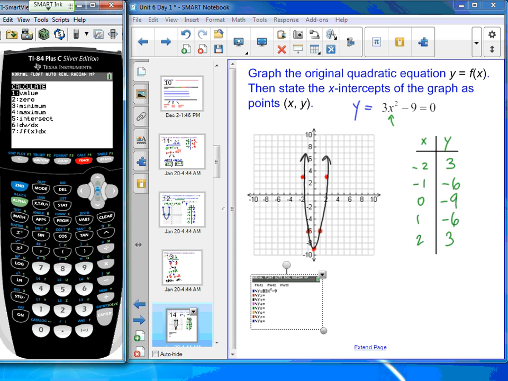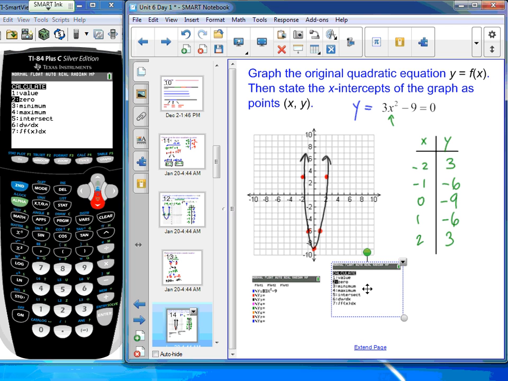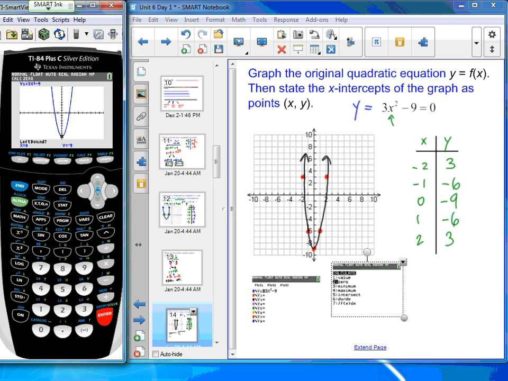trace, which is the calculate menu, and I would select the 0 option. That second option is 0, and the calculator would ask me for a left bound. So I would go to the left side of where I think that x-intercept occurs, press enter. Right bound says use the arrow key to go to the right of where I think the intercept occurs. So I go to the right of it.